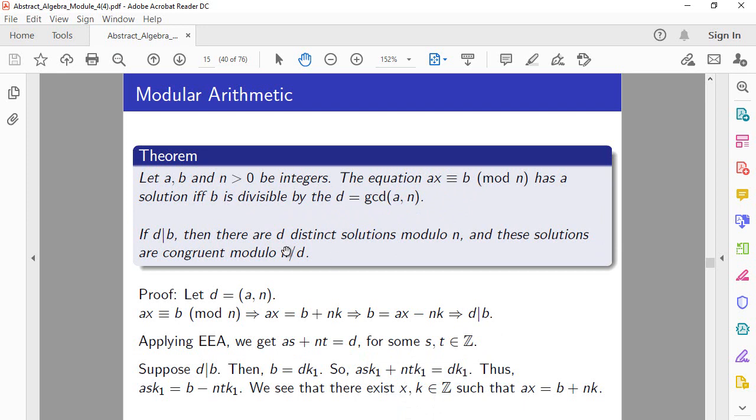Now let's tackle this second statement here. So we want to show that there are d distinct solutions modulo n, and the solutions are congruent modulo n over d. The first thing I'm going to do is show that the solutions are congruent modulo n over d.